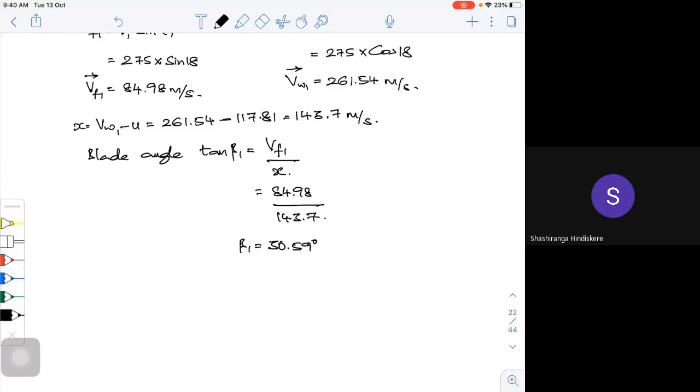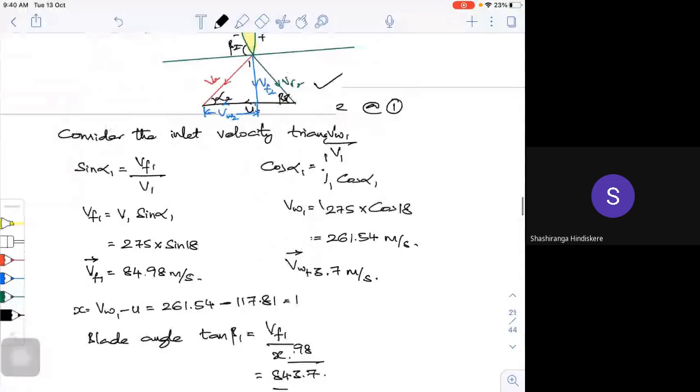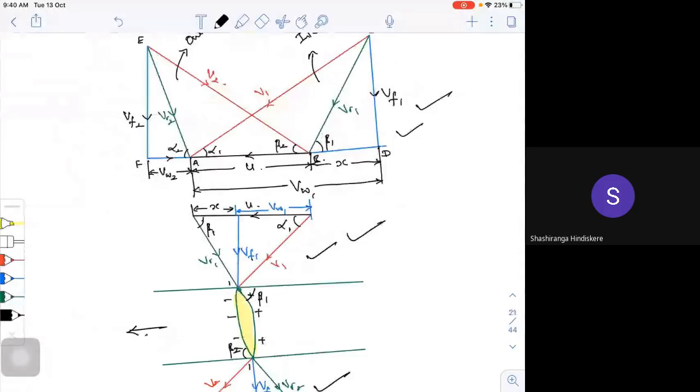Okay. So I need to find VW1 or VW2, some of the things. To do that, I don't know the value of the relative velocity. I can find relative velocity in two ways. If I look into this particular velocity triangle, sine beta 1 is equal to Vf1 divided by Vr1. What is cos beta 1? It is x divided by Vr1.